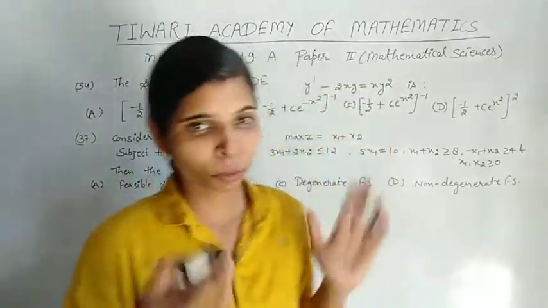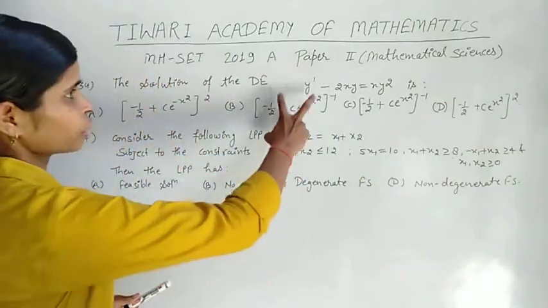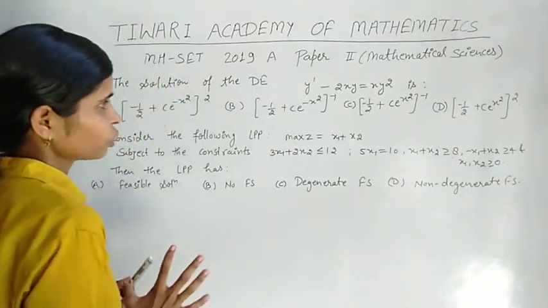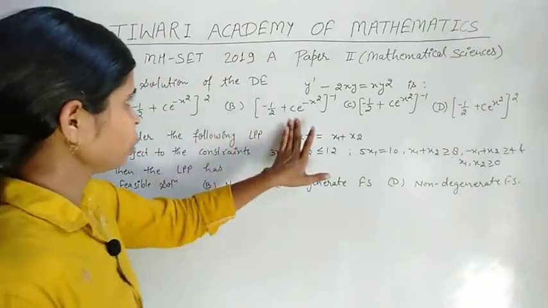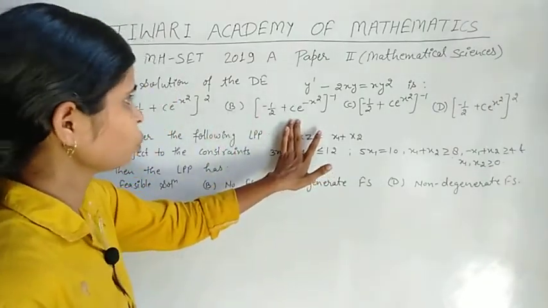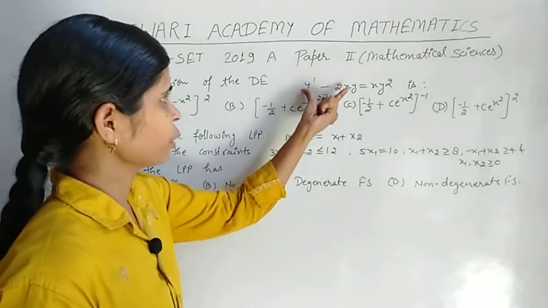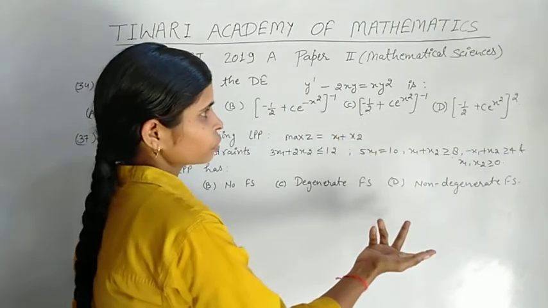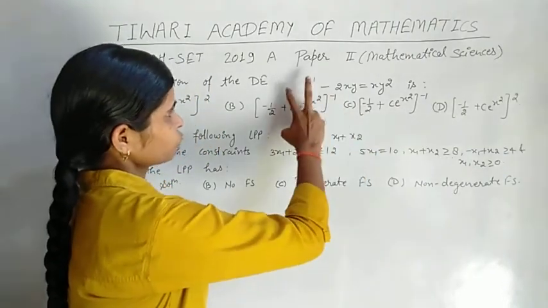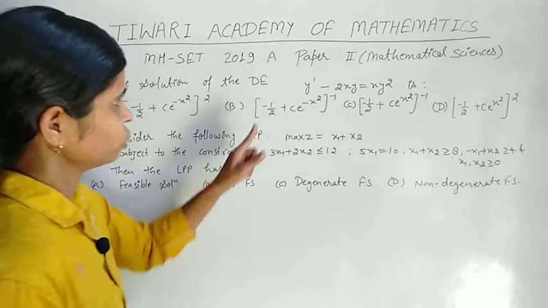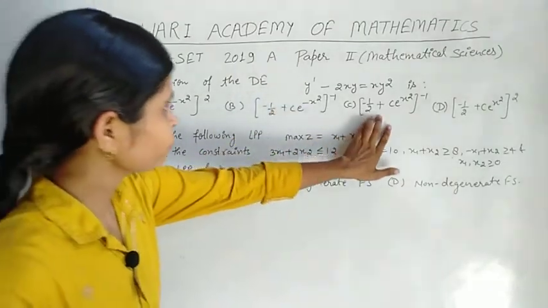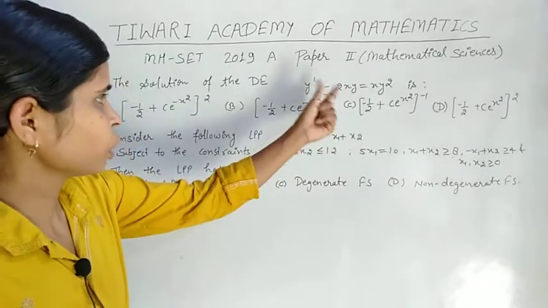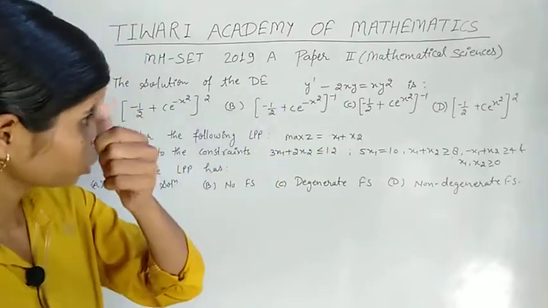Means if option A is a solution of the differential equation, then this solution satisfies this differential equation, and if option B is our answer, then it satisfies our differential equation, and if C is our solution, then option C satisfies the given differential equation.